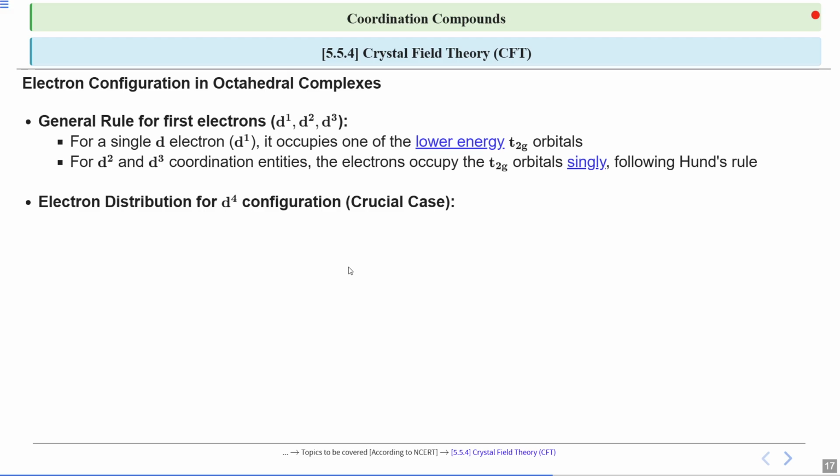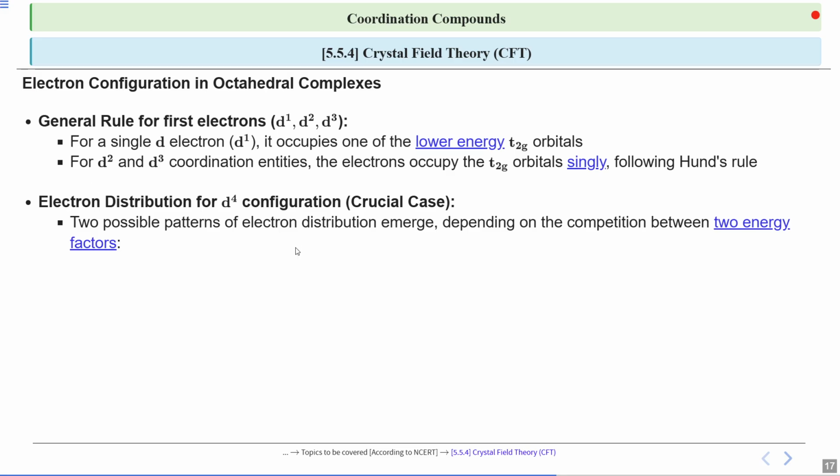But when the fourth electron comes, there will be two cases. Either the t2g orbital will start to pair up with the fourth electron, or that fourth electron will go into the higher energy eg orbital in a singly occupied manner. Understand?